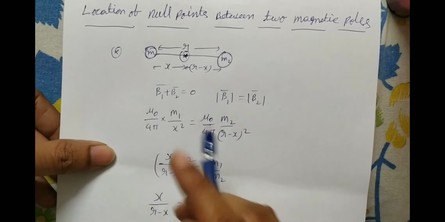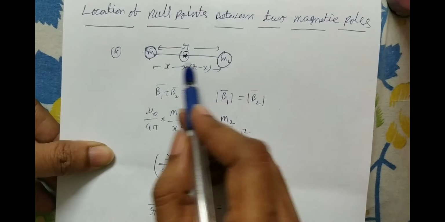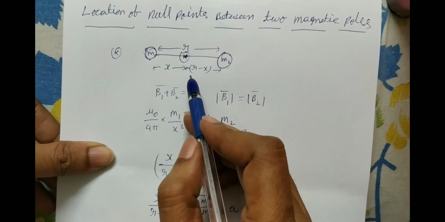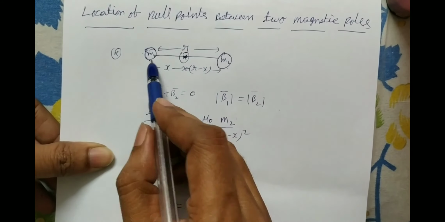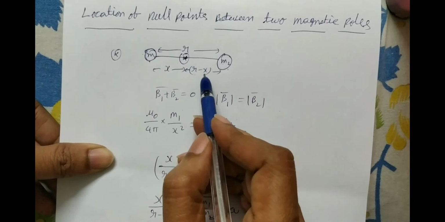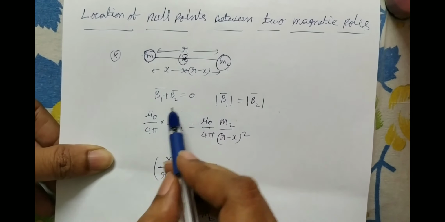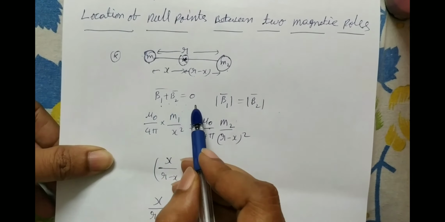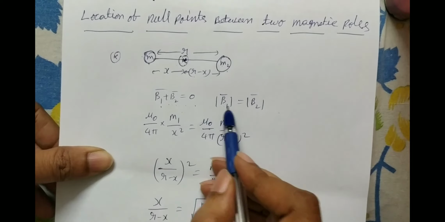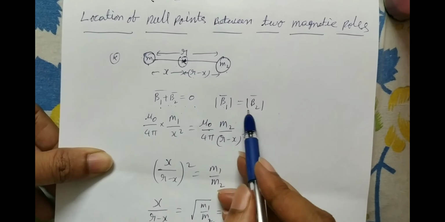Suppose you take two magnetic poles, M1 and M2 are the strengths of the poles, separated by a distance r. Assume that at a particular distance x from M1, and r minus x from M2, you get the null point. What is the condition here? B1 plus B2 is equal to 0. That means the magnitudes of the magnetic field due to these two poles at this point are equal and opposite.